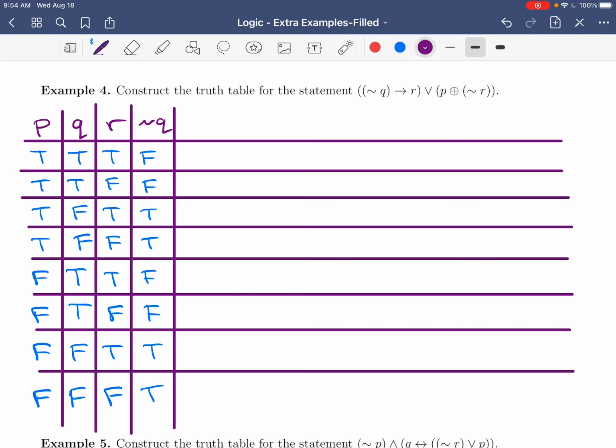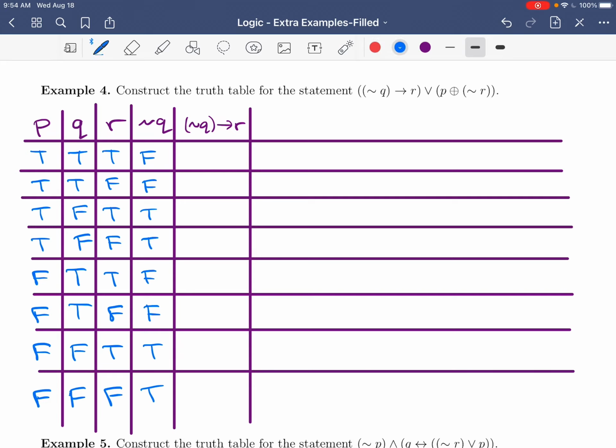Okay, and then I have not Q implies R. So the implication is only false when I have a true and then a false. Okay, so that's when it implies, that's when you get a false. So that's what I'm looking for.